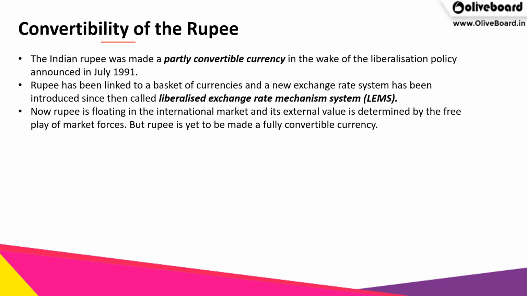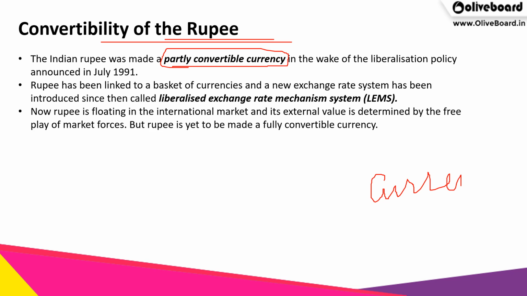Coming to convertibility of the rupee, in India we have a partly convertible currency, which means that we allow conversion of the rupee only in terms of current account and not in terms of capital account. This was in the wake of the liberalization policy that we announced in the year 1991.